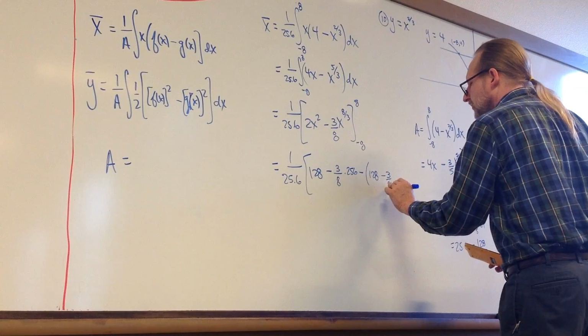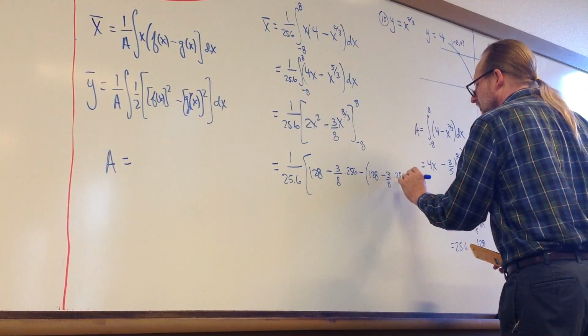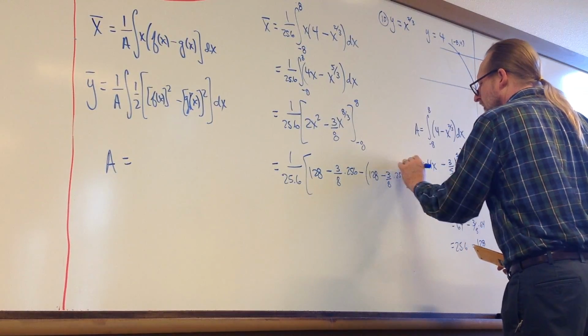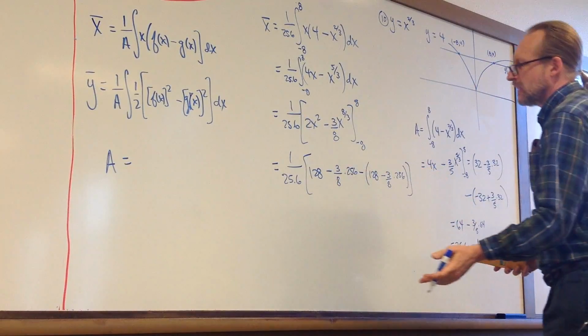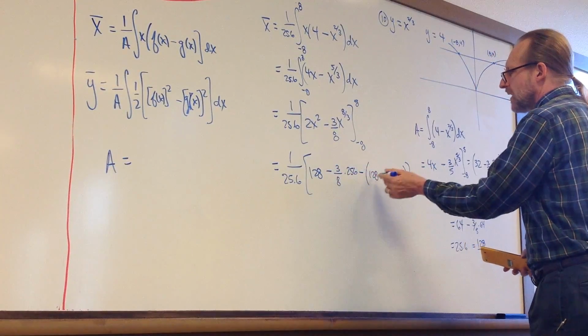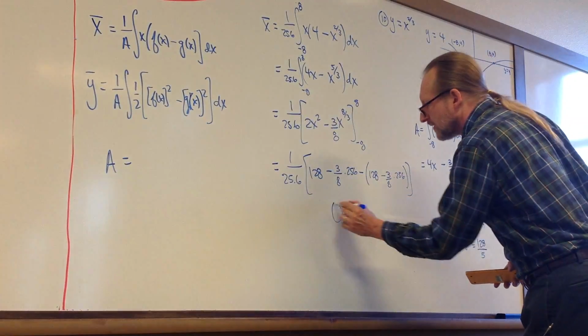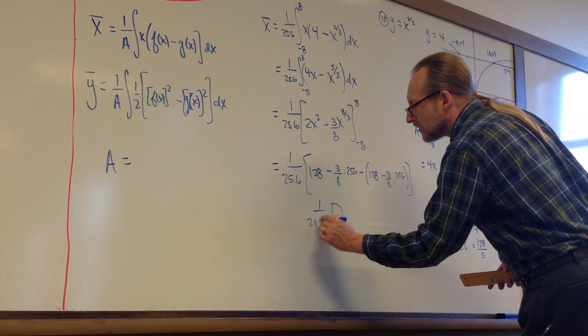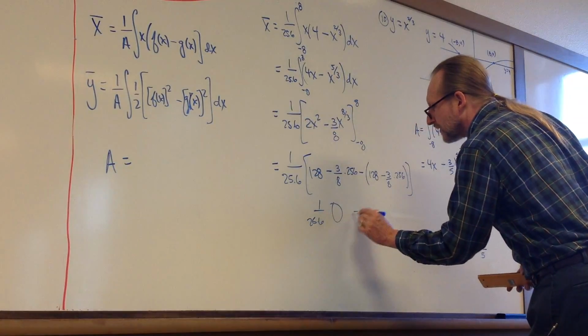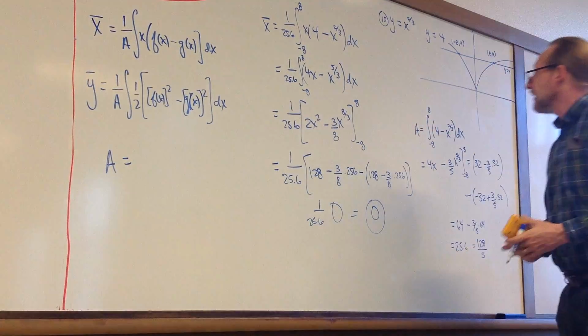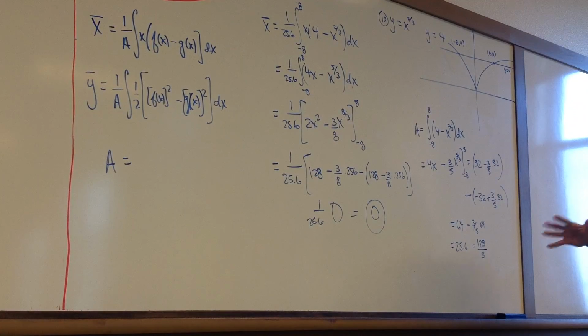So that'll be minus 3/8 times 256. And notice how this all cancels itself out, right? 128 minus 128, negative this will make this one positive. This is 0. And so when we multiply it by 1 over 25.6, we still get 0. And I talked about that a few minutes ago. Okay, so that's not quite as interesting.